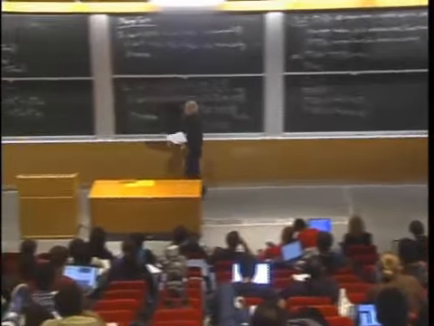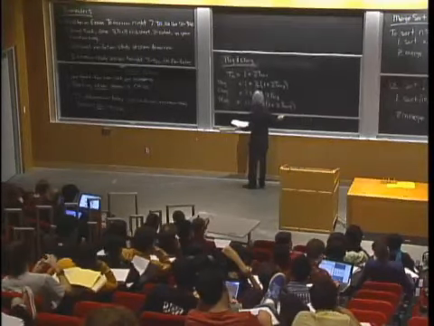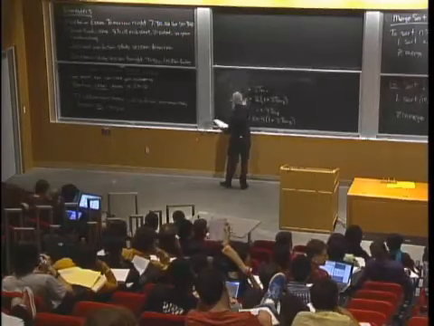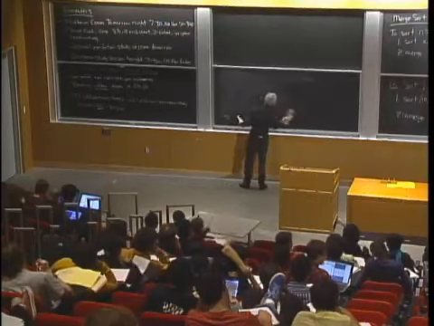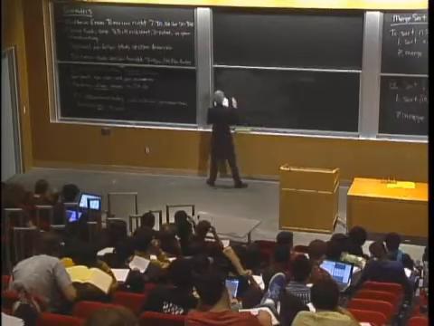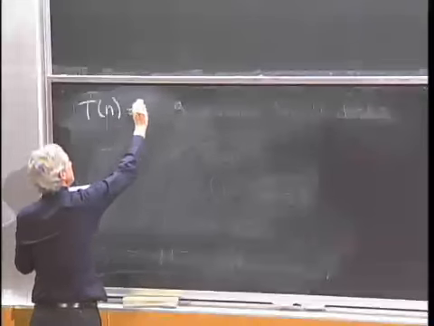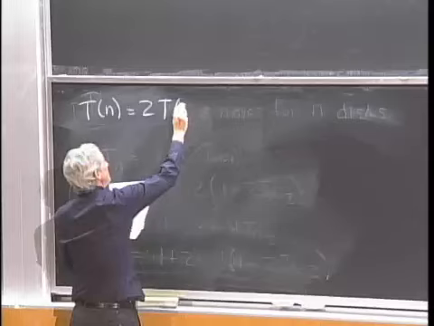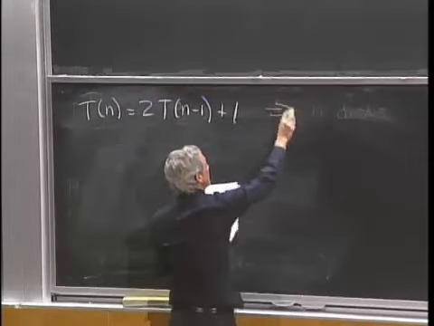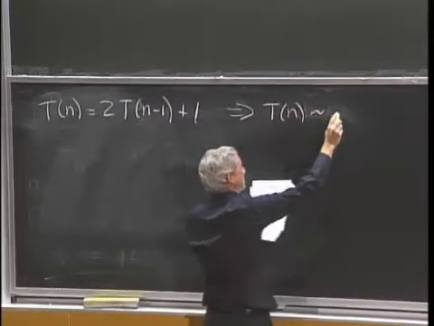All right, so let's write down our 2 recurrences and compare them. So first we did Towers of Hanoi, which was t of n equals 2 t of n minus 1 plus 1. And the answer was t of n is tilde 2 to the n.